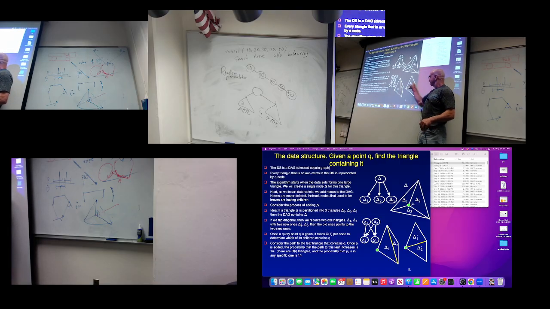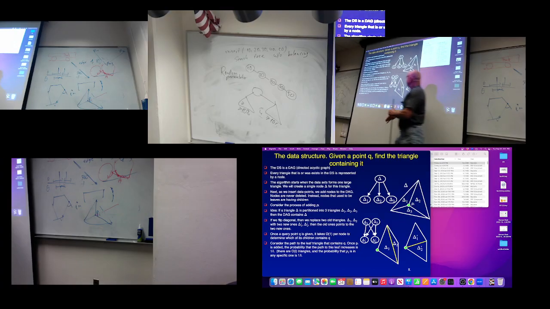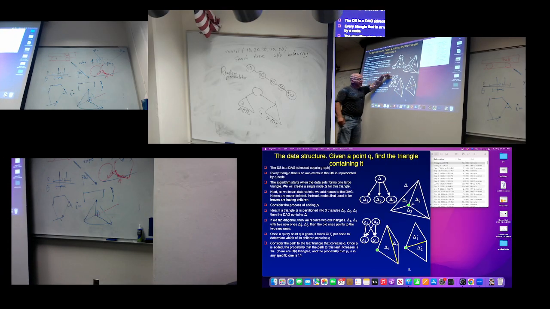Never mind. So delta 1, delta 2 stop existing in my triangulation. Instead, I have 2 other triangles after the edge flip, delta 1 prime and delta 2 prime. So delta 1 now will point to both delta 1 prime and delta 2 prime, and the same goes for delta 2, it points to both of them.